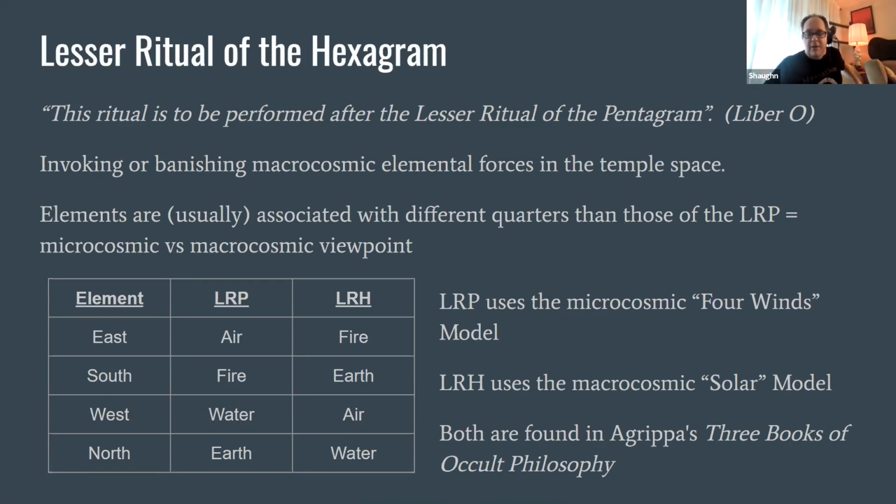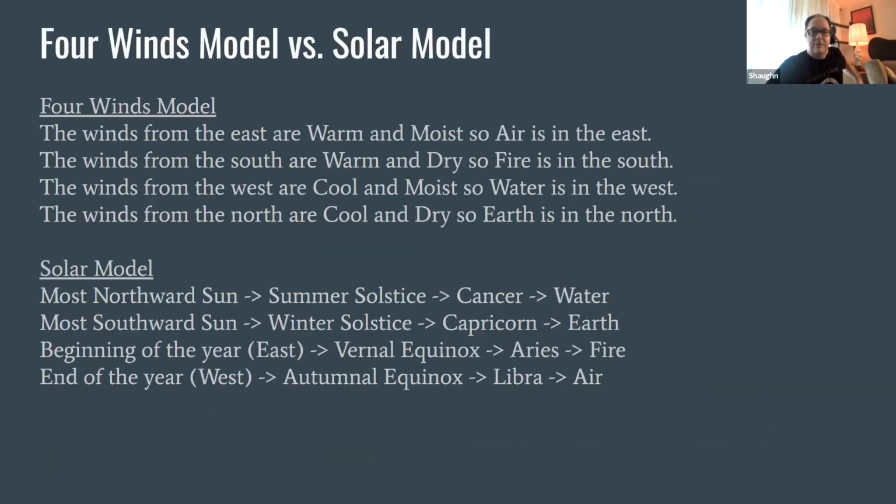The microcosmic viewpoint with air in the east uses the four winds model, and the one with fire in the east is called the solar model.